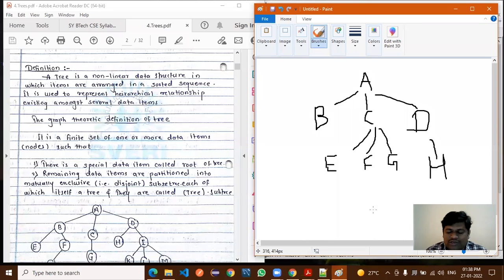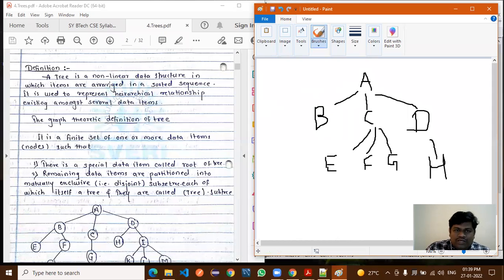Stack is linear. Queue is linear. Linked list is linear. Right. So these are the few words. Suppose you are writing the definition of stack, you need to remember the word: it is a linear data structure, and it uses one endpoint for inserting and deleting. So these kinds of things you need to remember logically, right?